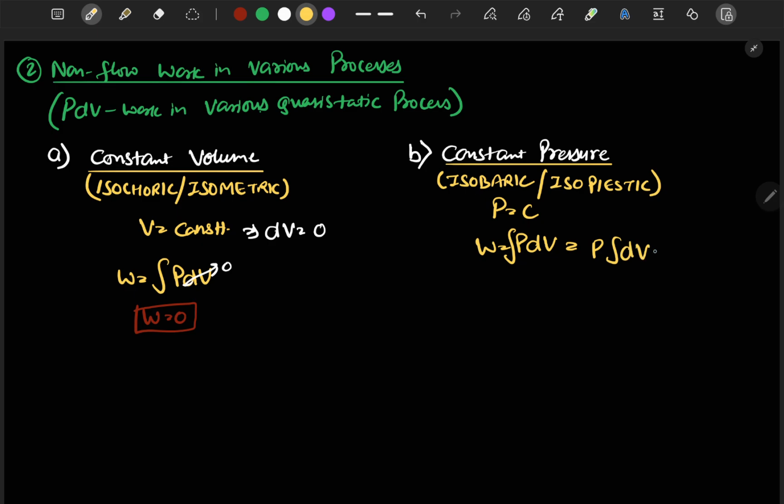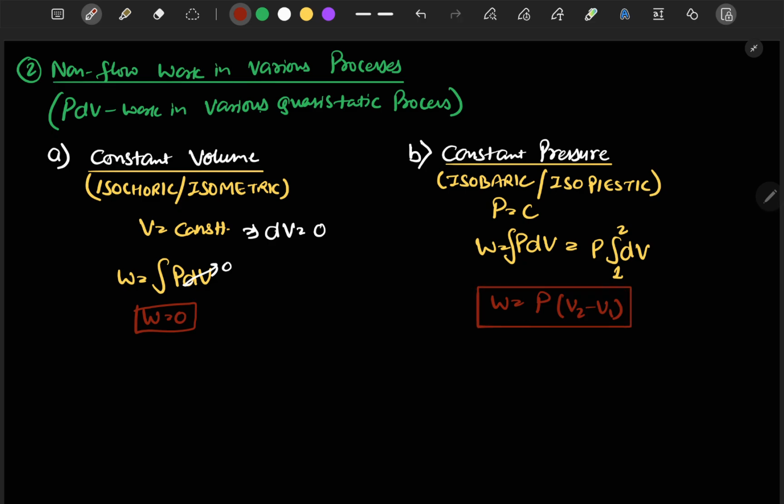So P times the integration of dV, and from point 1 to 2 we know that volume is a point function, so we can directly write work is equal to pressure times (V2 minus V1).